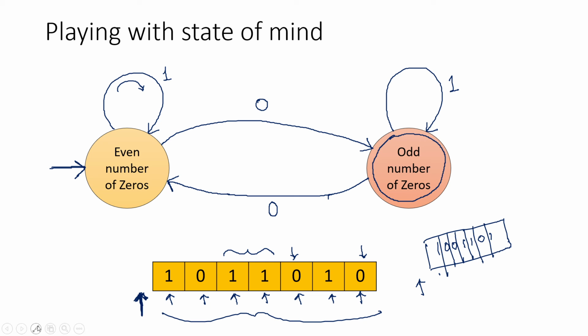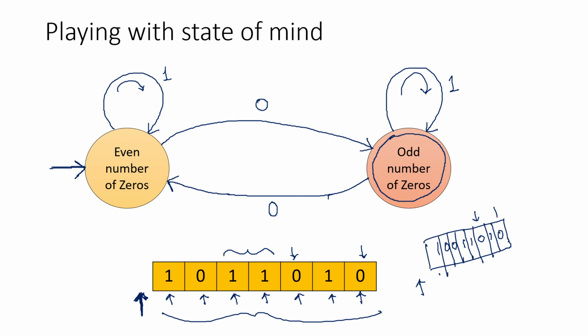So fine, you are in odd number of zeros. Now assume that I have another 0 over here. What will happen? After reading this 0, you are in this state. And after reading this 1, you will remain in this state, right?